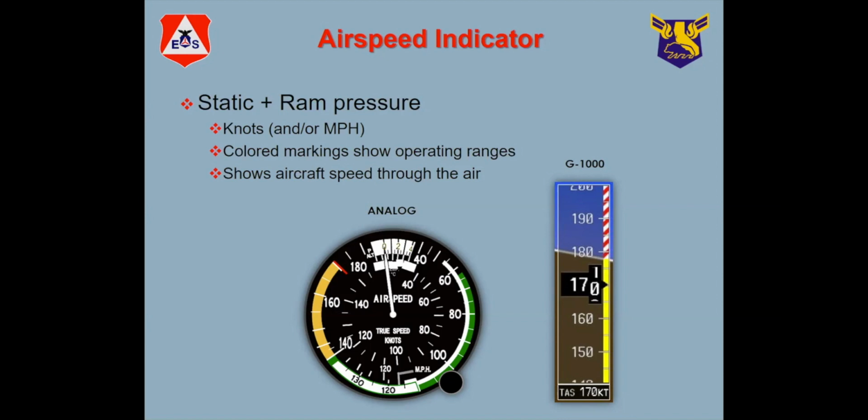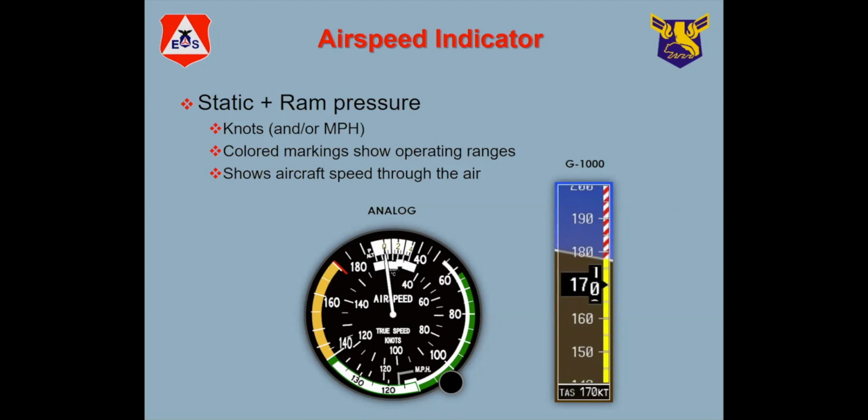And then the yellow part is the caution range for speed, and you don't want to be in that area unless you're in very smooth air, no bumps, no turbulence, that kind of thing. Pilots use this so they can tell how fast they're going through the air.